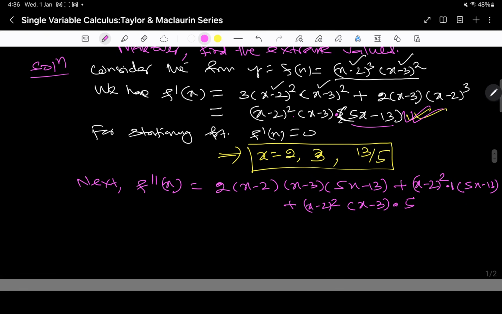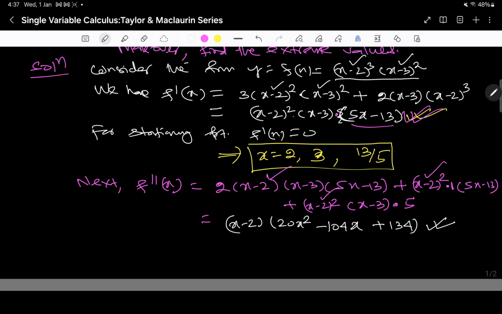If you simplify it, (x - 2) can be taken common throughout. So this will give you (x - 2) into 20x^2 - 104x + 134. You can simplify it to see this, right?